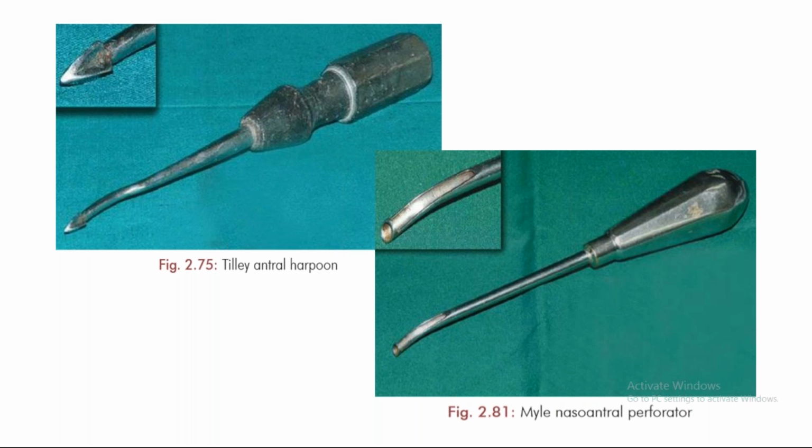These bone fragments may behave like a foreign body if they are pushed into the maxillary sinus and remain there. That is why the Tilly's harpoon is made in such a way that once you perforate through the bone and you pull it out, all the bone fragments which went in come out.